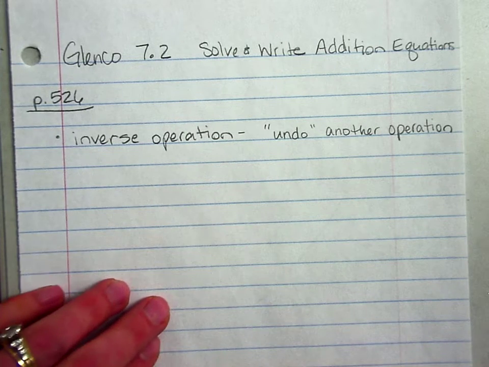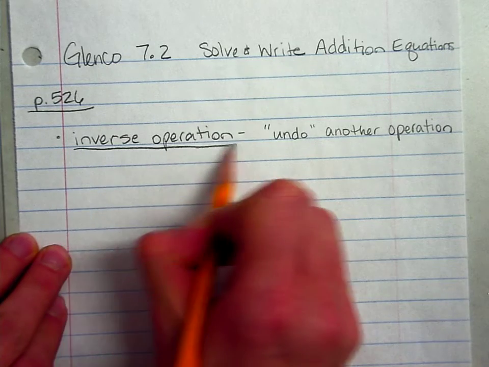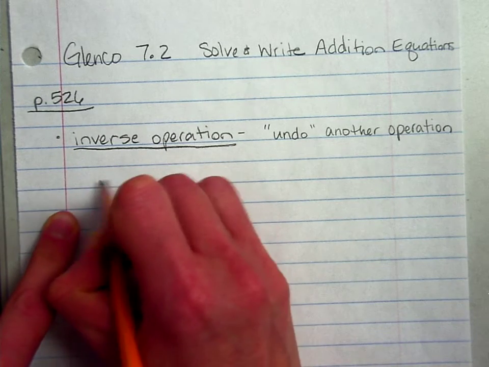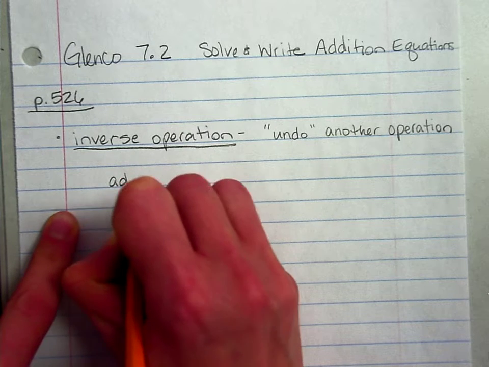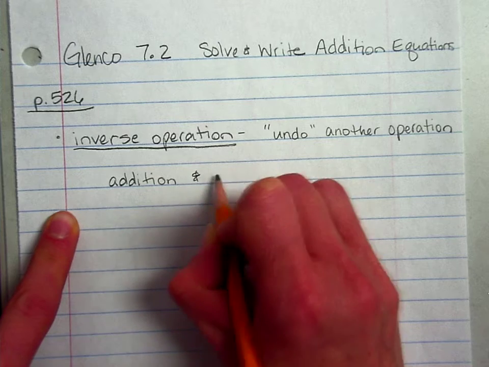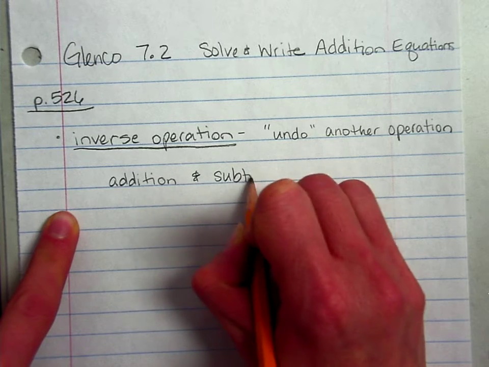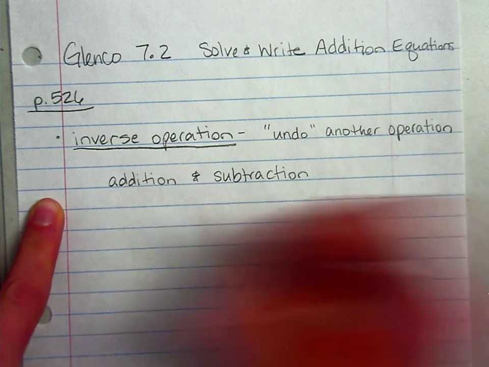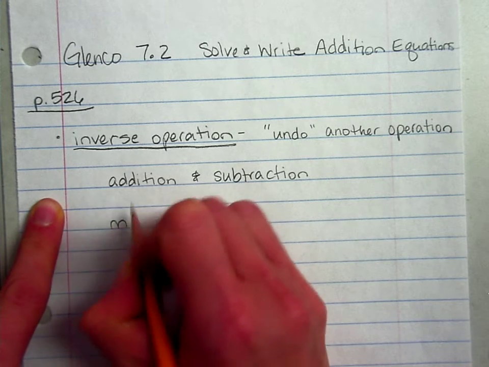So this is where we use our opposites to solve the equations. So addition and subtraction undo each other, or multiplication and division.